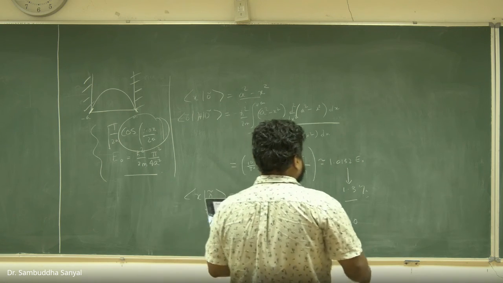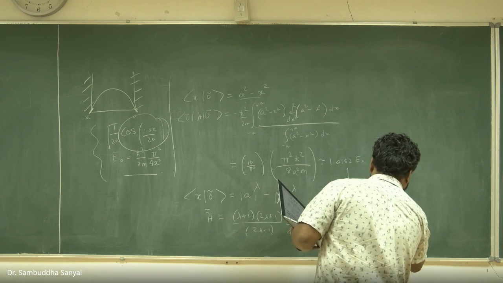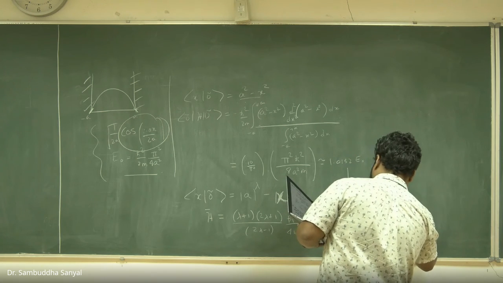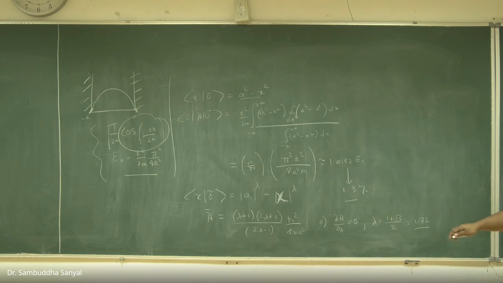And if you solve this, you will find that lambda is (1 + root 6)/2, which is 1.72. So it's not 2, as for the parabola; this is a little less than 2.